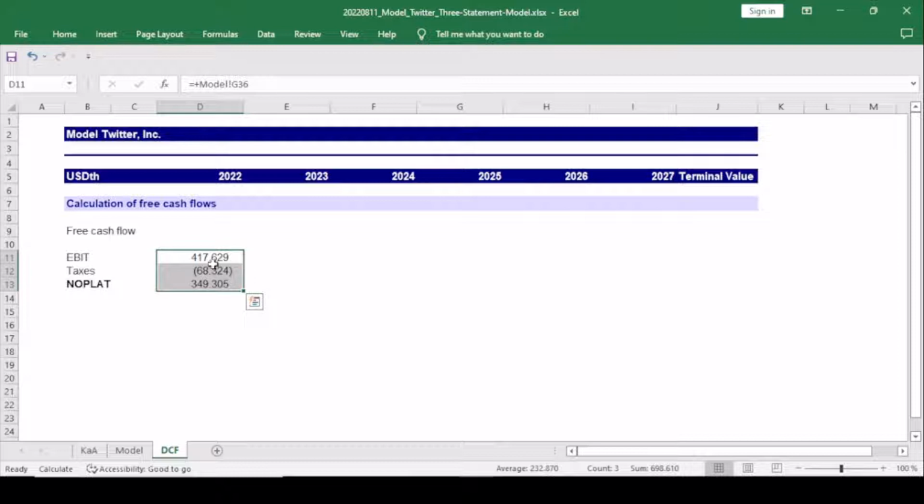So what we did here is simply, as I said, linking EBIT, taking into consideration the tax rate that we assume to be the effective tax rate we defined in our assumption sheet.